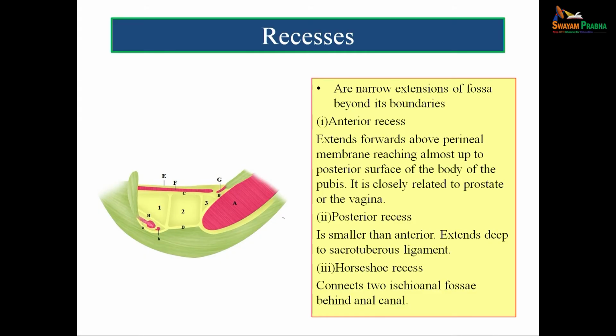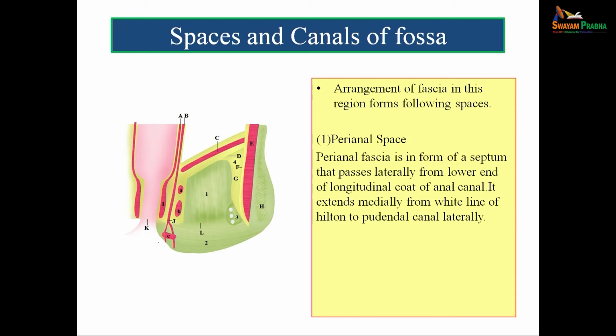I hope this concept is clear to you, because reading the text does not clarify it. This is more a job of the teacher to elaborate on. Now, spaces and canals of the fossa.